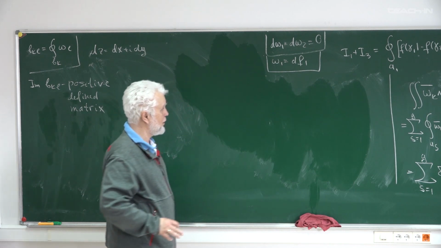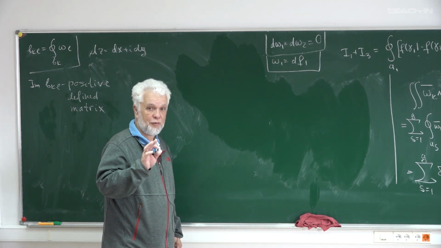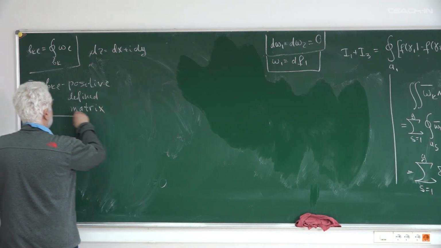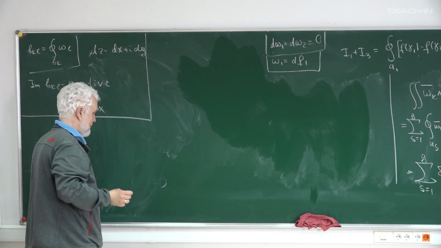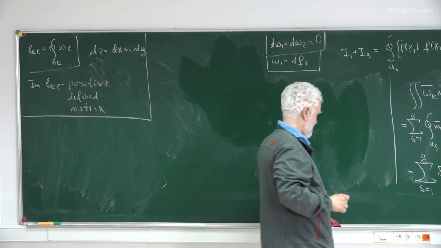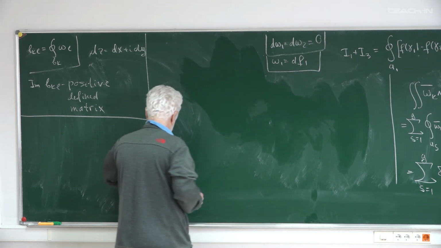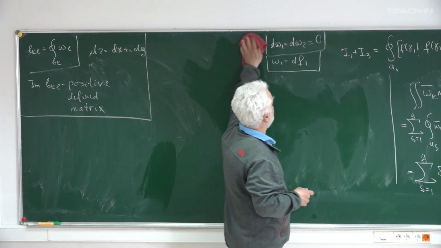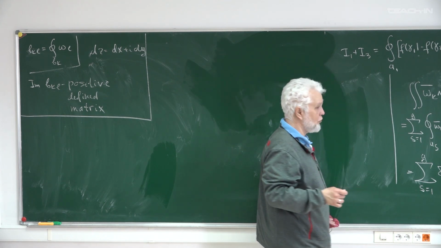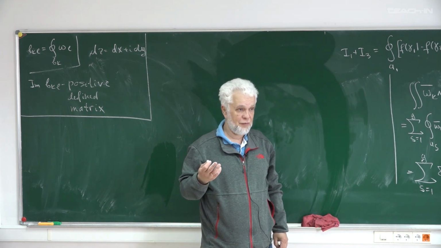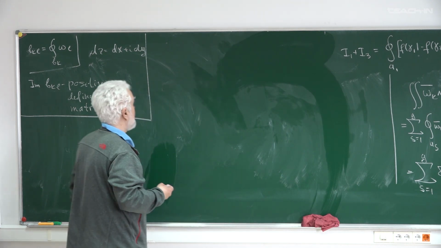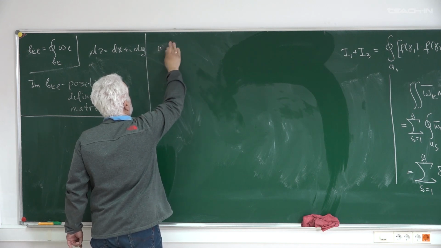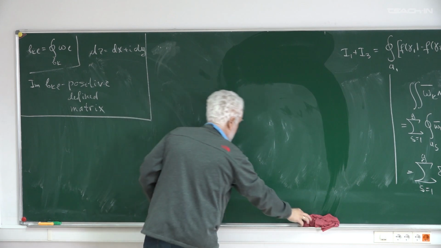Now, next topic. Until now we considered only holomorphic forms, but we can consider not only holomorphic, but also meromorphic forms. Assume that we have two forms.